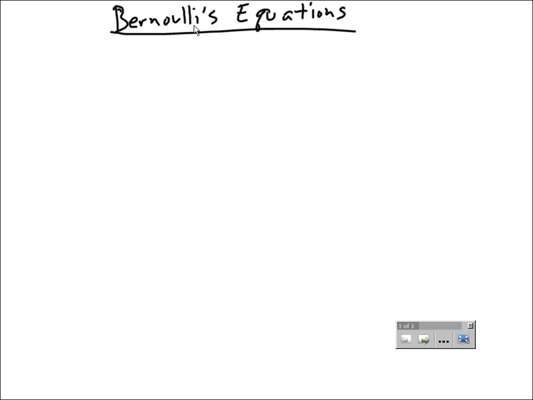We're now going to talk about solving a new type of problem, still using a substitution. These are called Bernoulli equations. An equation of the form I'm about to write down is Bernoulli.